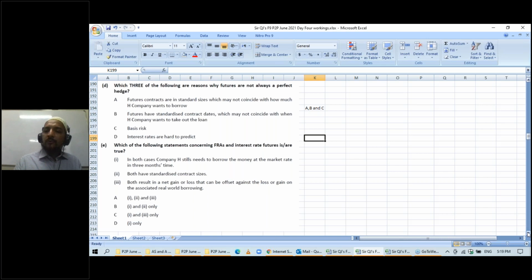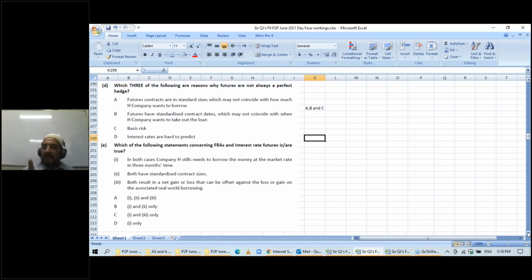So the amount of loss that occurs in the actual transaction is compensated by the futures contract in the futures market. So the first point is correct for both cases, FRAs and futures, that H will have to borrow in the spot market and it will get compensation from some other bank or some futures market. So compensation is received from some other party and the loan is received from some other party. That's very correct.